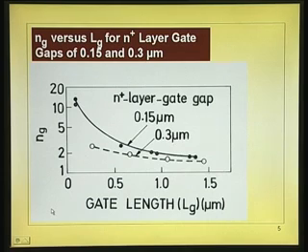Why is there this difference between the two? Between this device and this device, it is almost the same gate length that we are talking of, but the channel length is smaller in this particular case. So, consider the two dimensional field when the gap is smaller.